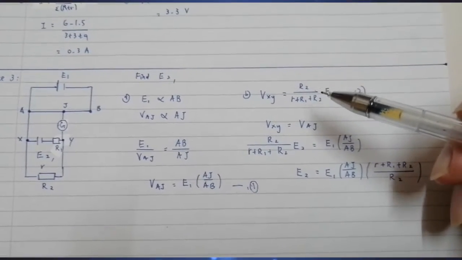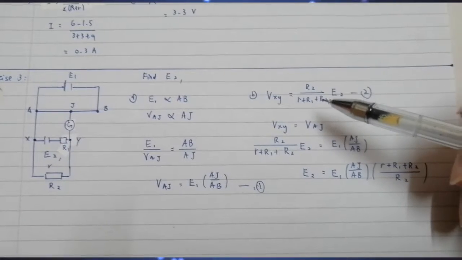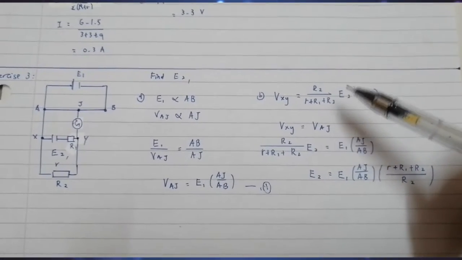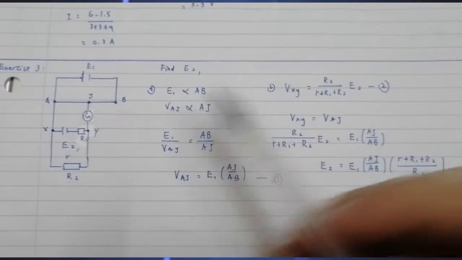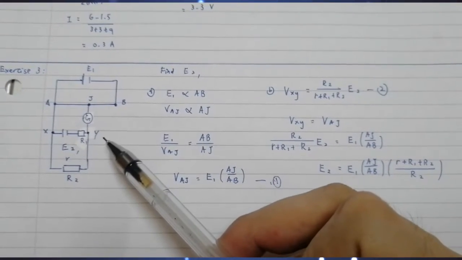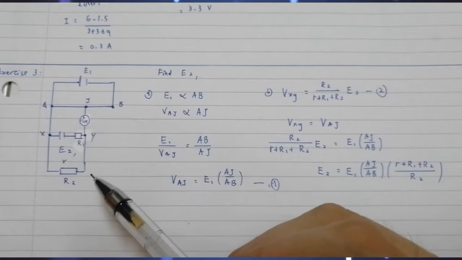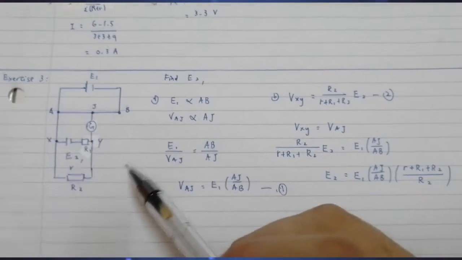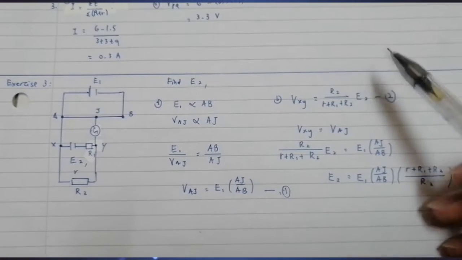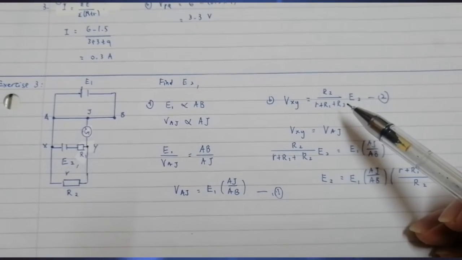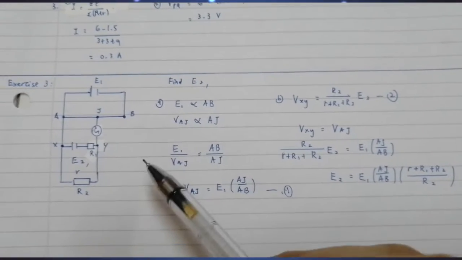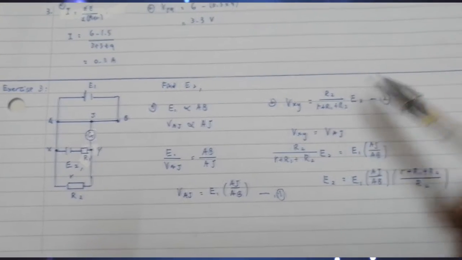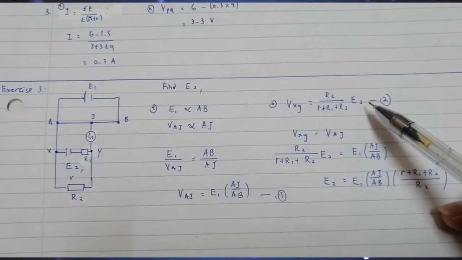We use the potential divider equation to make this equation. So VAJ is here, and how do we find the potential difference of XY? It is R2 divided by the total resistance, which is R plus R1 plus R2, then times E2.